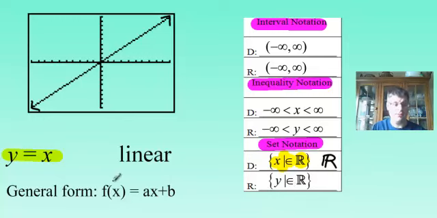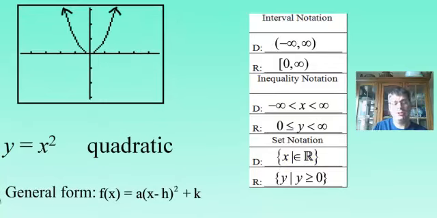So let's take a look at some more. The next one is quadratic, another one I'm sure you've seen before. The parent function is y equals x squared, and it has a vertex located here at 0, 0, also known as the origin. This is quadratic.